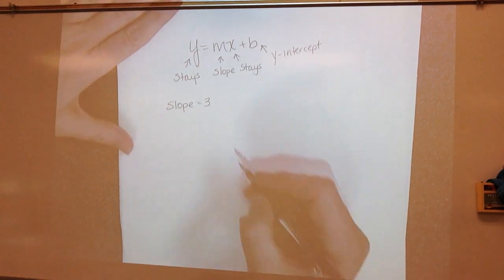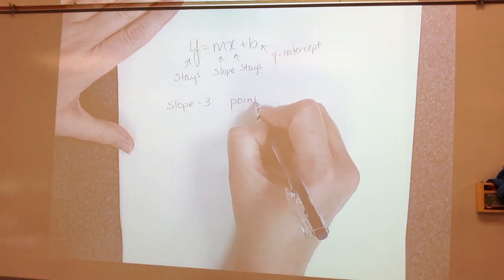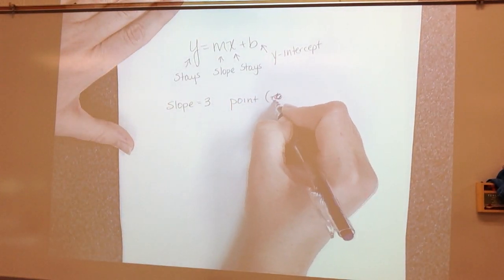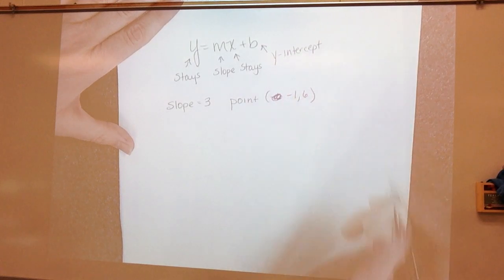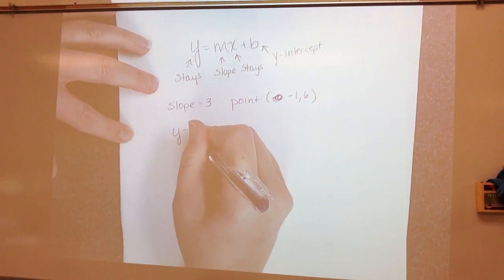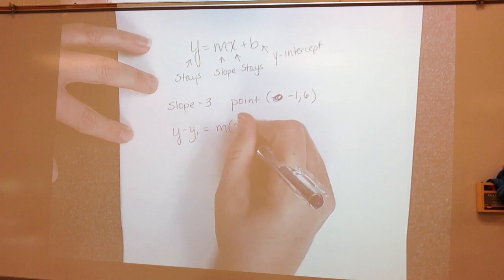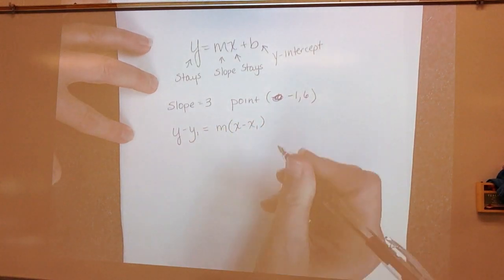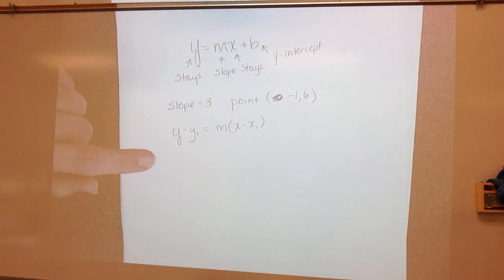Okay? So write an equation for the line with the slope of 3 that passes through the point -1, 6, using the slope-intercept form. So they now specifically tell us we want it to look like y is equal to mx plus b. So I have to remember that point-slope form. Y minus y1 is equal to m times x minus x1. Alright, fill in what I know.